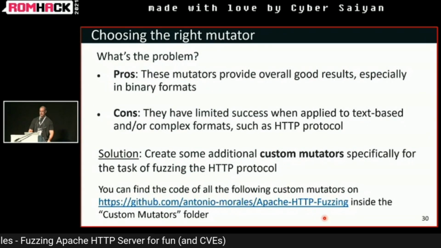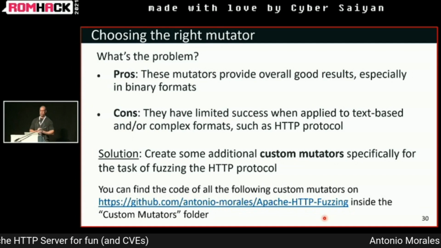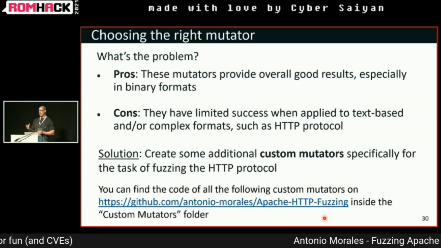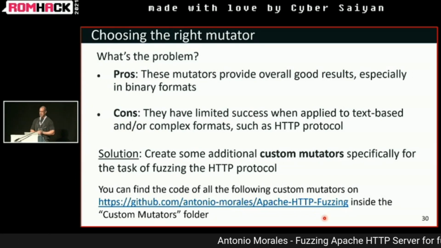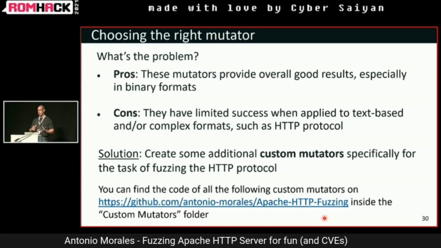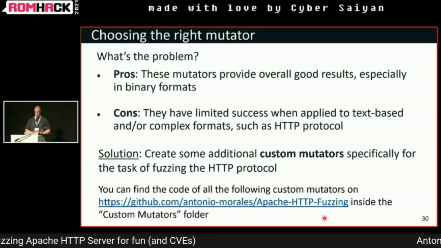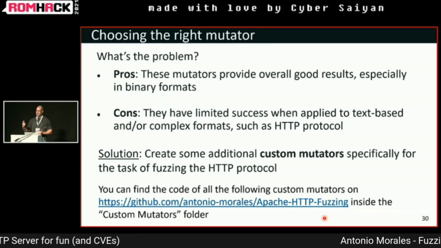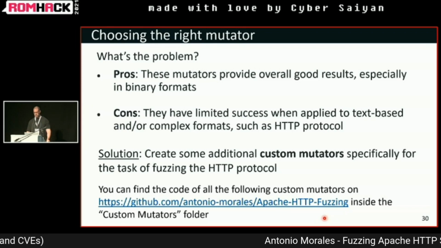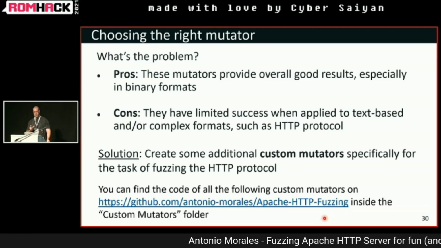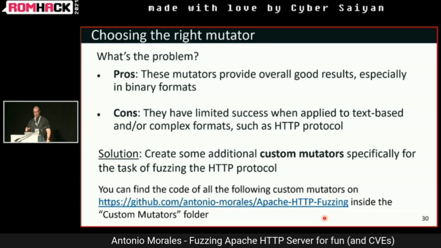These mutators provide good results when applied to binary formats, but are not so good when applied to complex formats, like, for example, the HTTP protocol. So my solution was to include additional custom mutators specifically created for fuzzing the HTTP protocol.